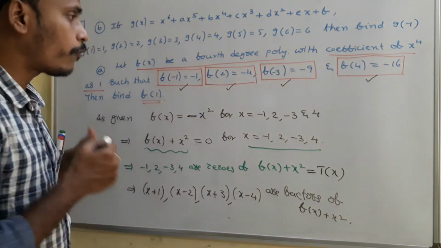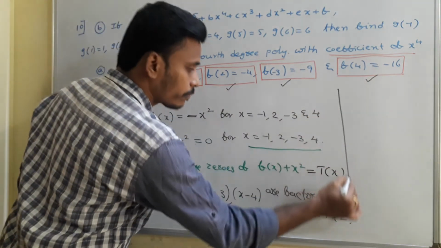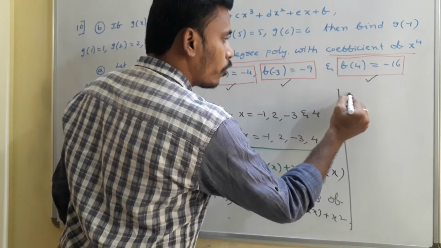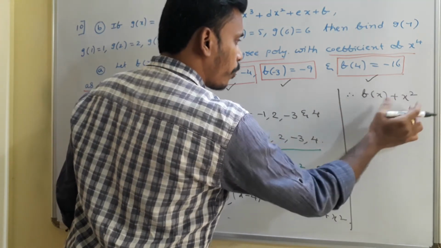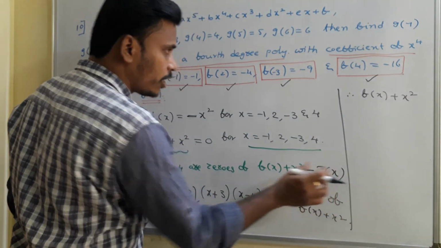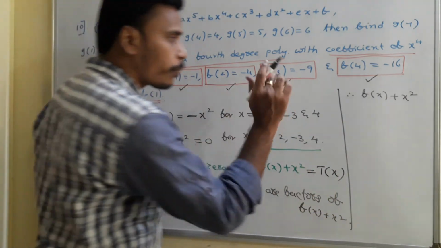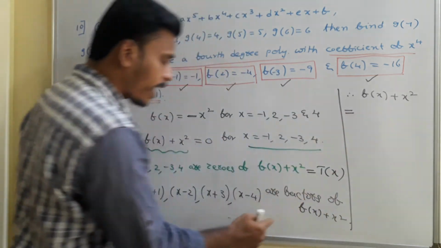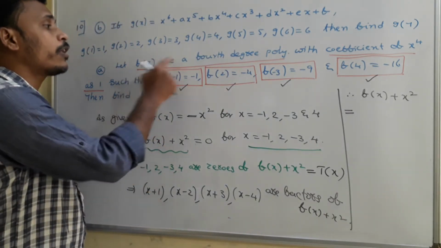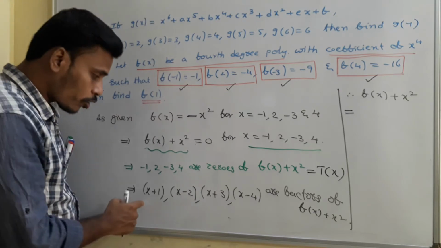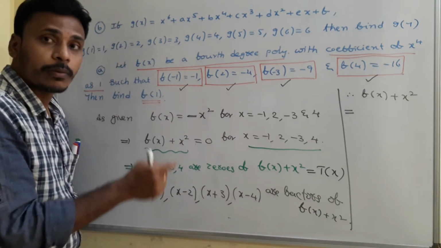Therefore, f(x) plus x square is a polynomial with these four factors, and we know the polynomial is of fourth degree. So the product of all these four is simply that.